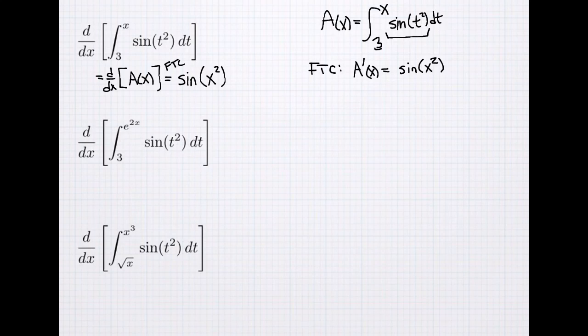Our second problem, notice it has, instead of x, it has e to the 2x. And what that means is that I'm not taking a derivative of a anymore. I'm taking a derivative of a evaluated at the input e to the 2x.